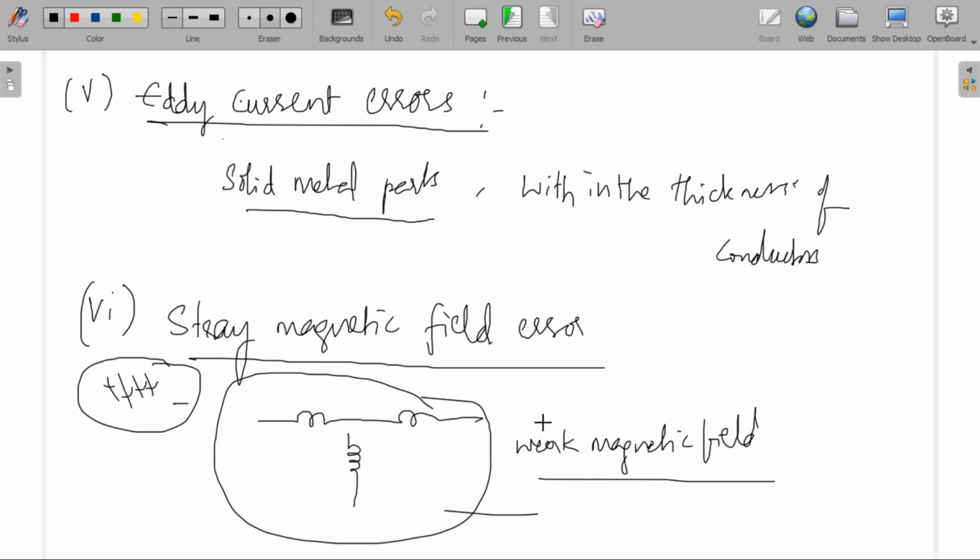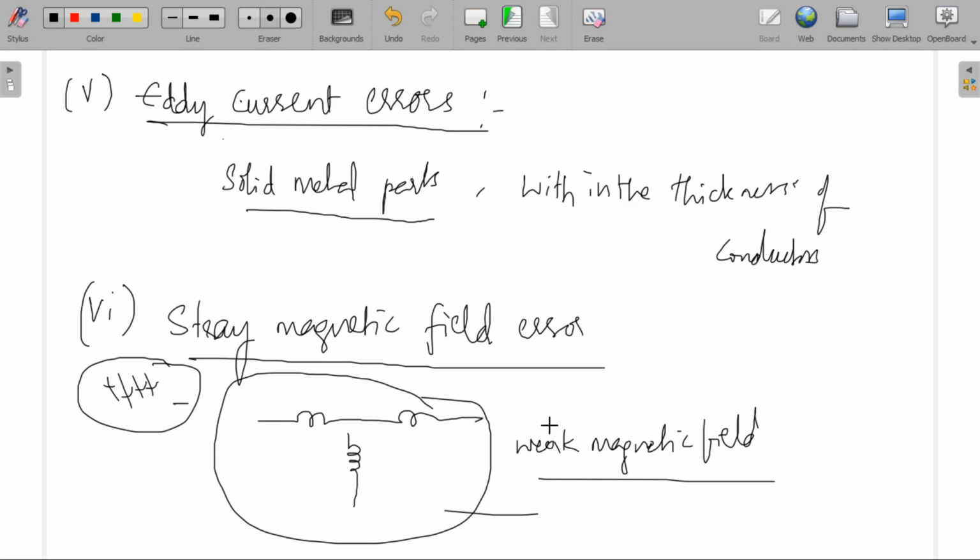This error is more in this instrument when compared to other instruments like the MI instrument and PMS instrument, because it has a very weak magnetic field. In order to reduce this error, these instruments are shielded.